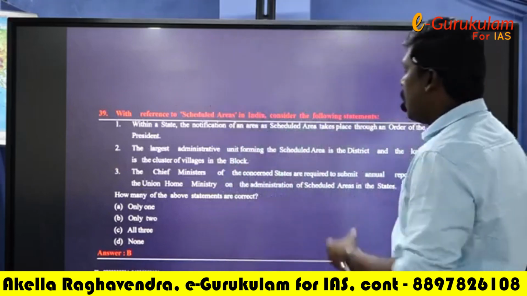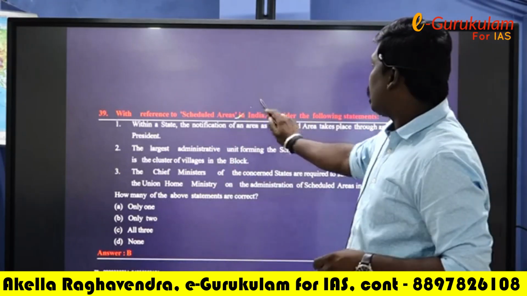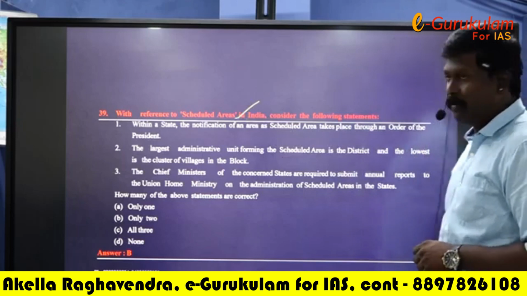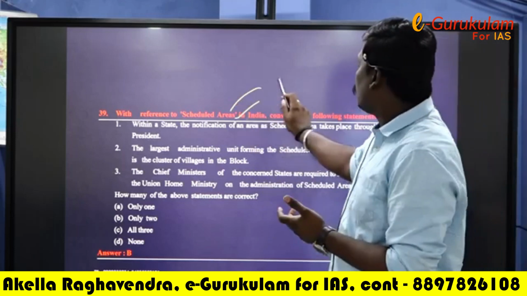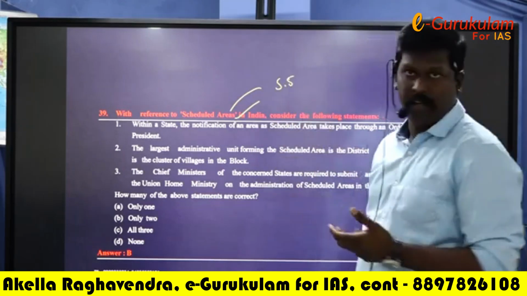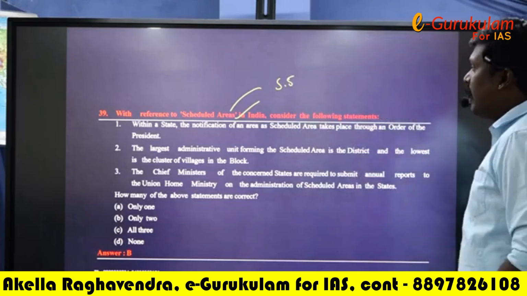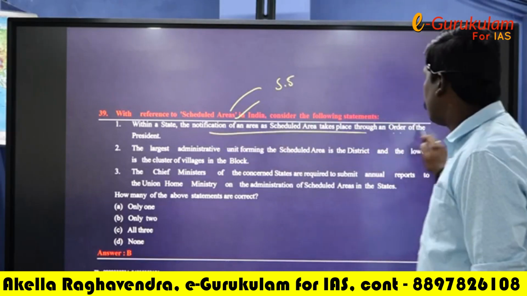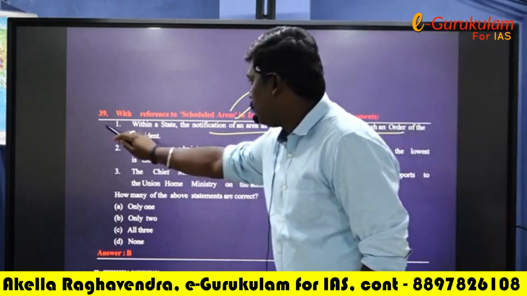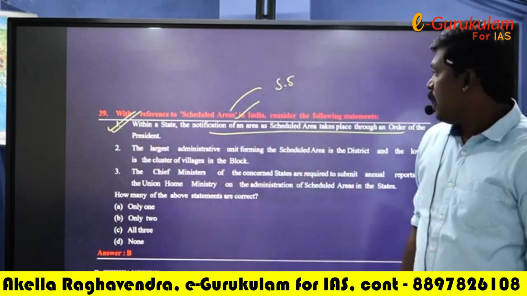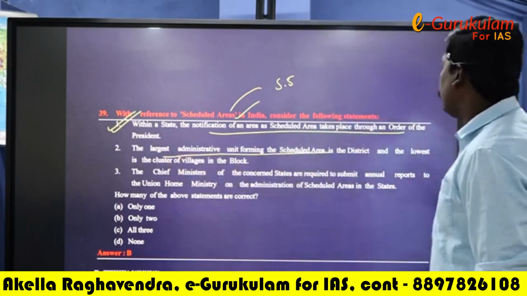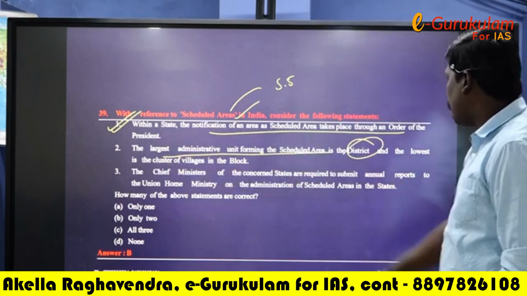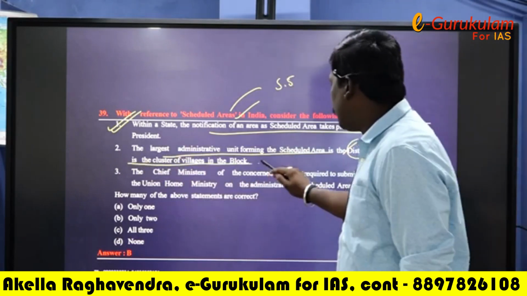Next question, sir. With reference to schedule areas in India, consider the following statements. See, he has given schedule area, so we need to assume Schedule 5 areas. Within a state, the notification of an area as a schedule area takes place through an order of the President. Correct, sir? The largest administrative unit forming a schedule area is a district, and the lowest is a cluster of villages in a block.